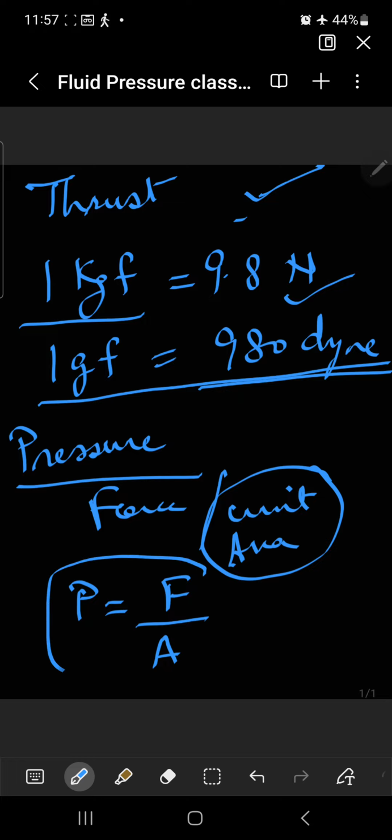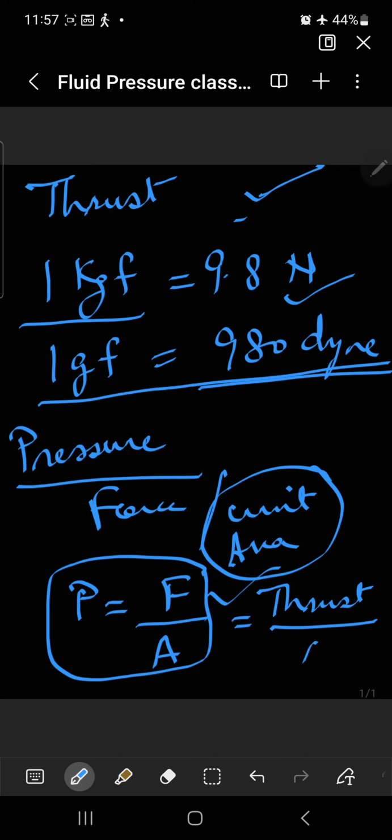You have learned this formula earlier also in terms of force. Now if we want to write it in terms of thrust, then this force will be converted as thrust. So our definition in terms of thrust would be pressure is thrust applied per unit area. And what is thrust?